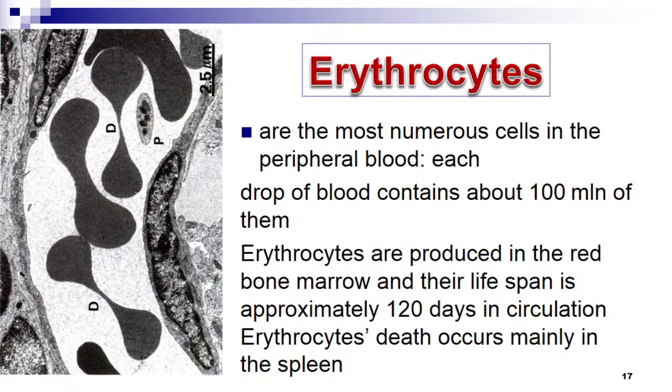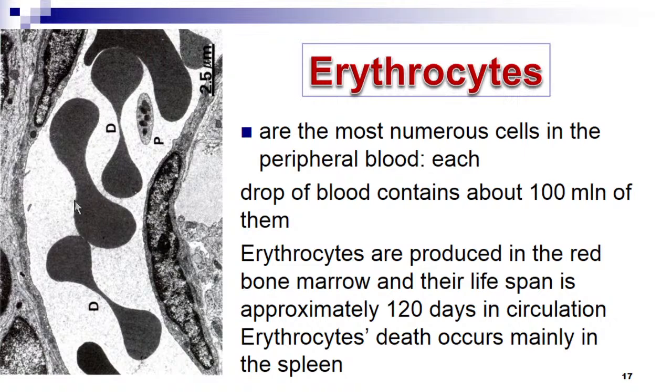They circulate in the blood until the erythrocytes die in the spleen. Here we have an electron microscopic micrograph, with the wall of the vessel very well visible: its capillary wall, endothelial cells, simple squamous epithelium of the blood vessel. And we have seen here the discocytes, whose shape is like a disc.